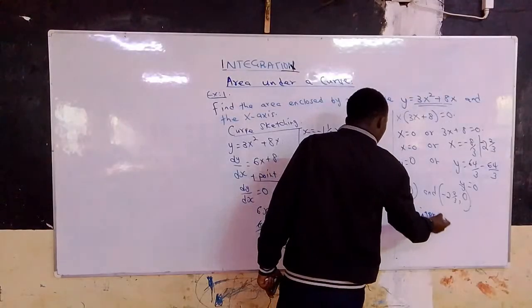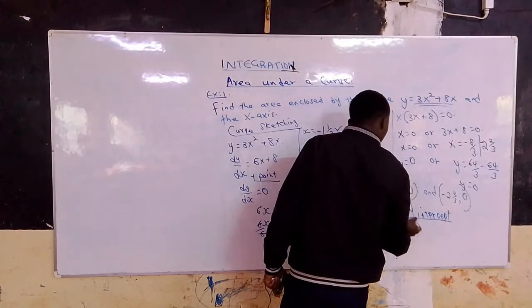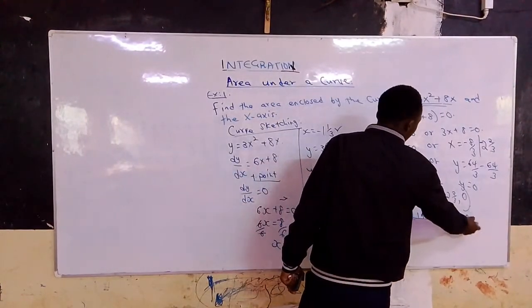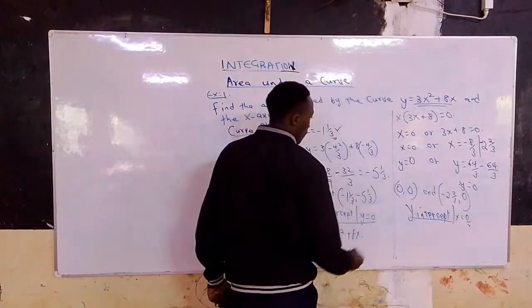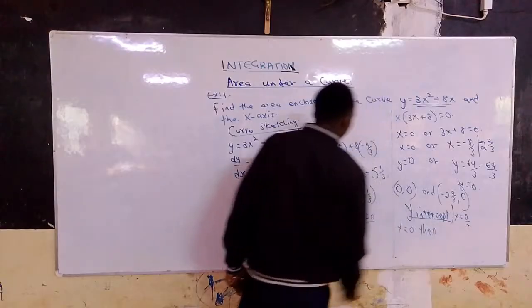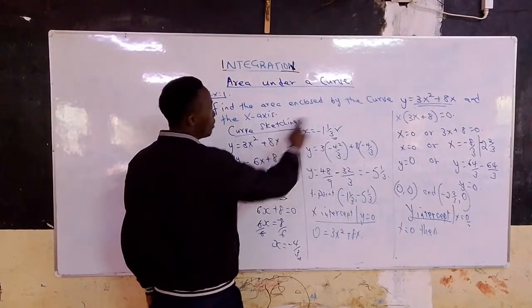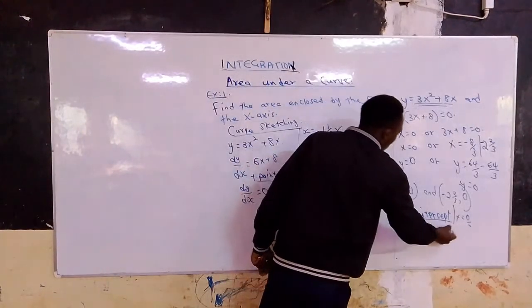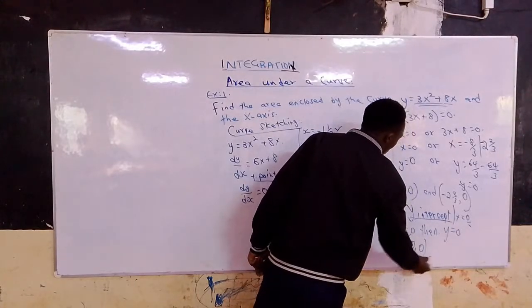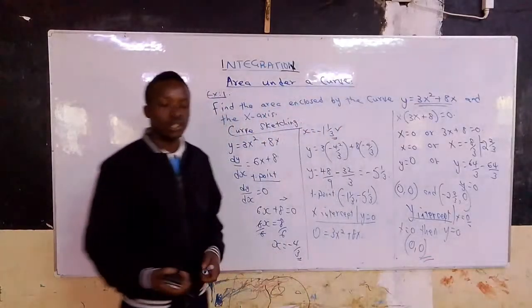On the y-intercept, we know that x is always equal to 0. So if our x is equal to 0, then when we substitute the value of x into our equation, we will still get y as 0. So the coordinates for the y-intercept are 0, 0.